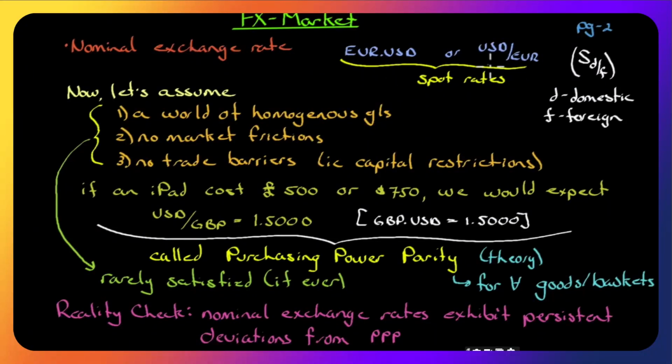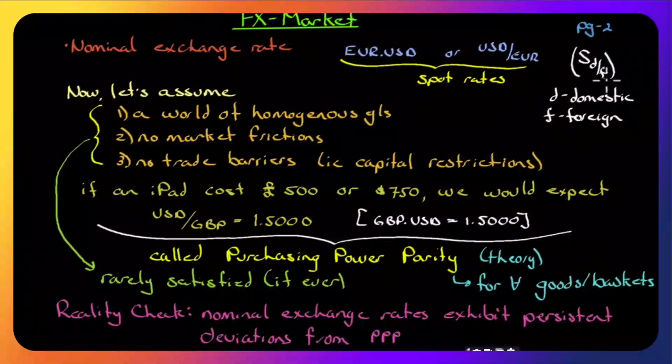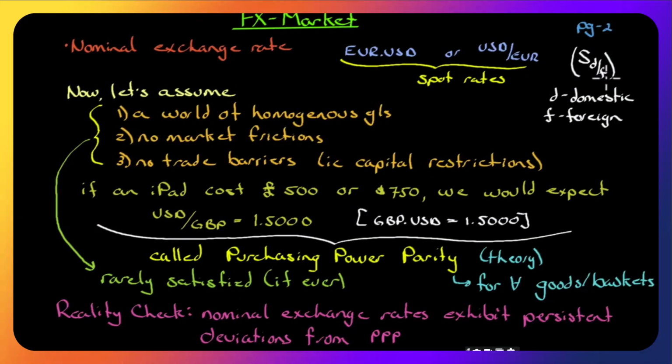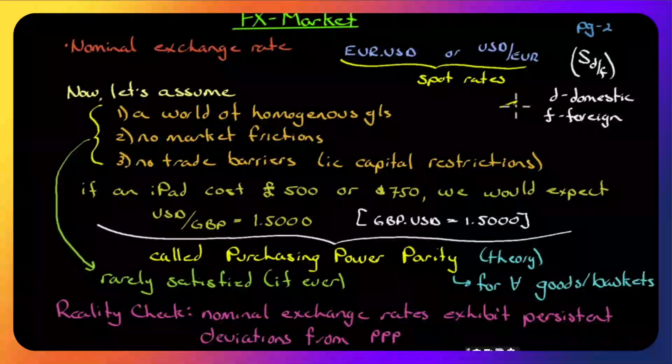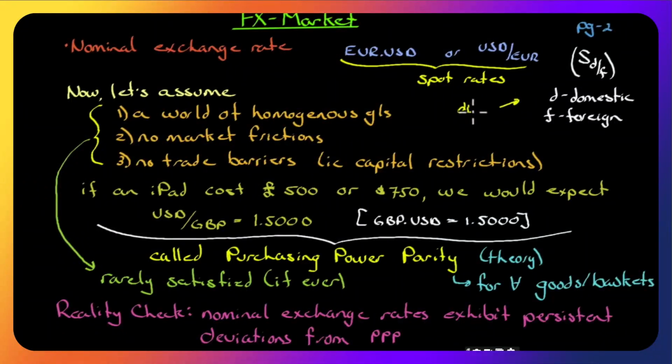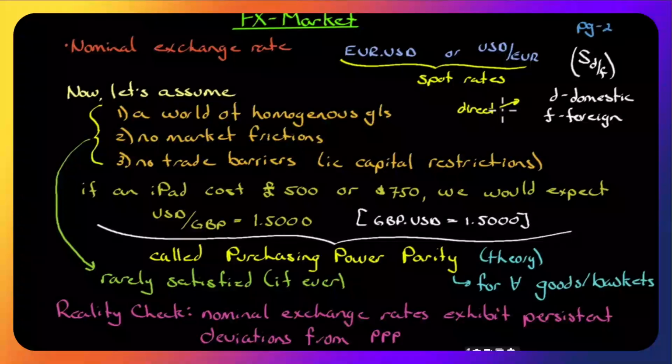So we're going to denote a nominal exchange rate from here on in with a capital letter S to mean spot rate. And you'll notice here, for the subnotation, I have D over F, domestic over foreign. When a spot rate is expressed in this format, domestic over foreign, we say that this is a direct exchange rate.